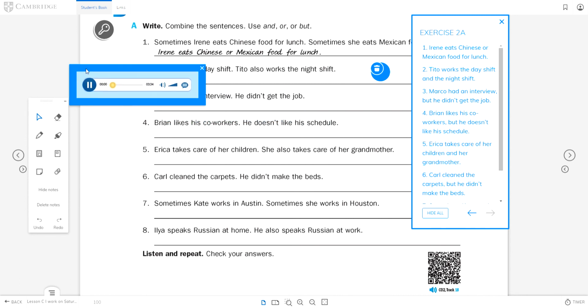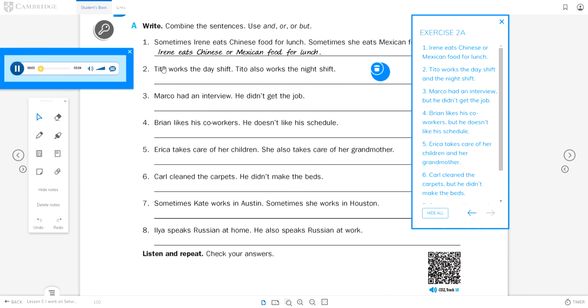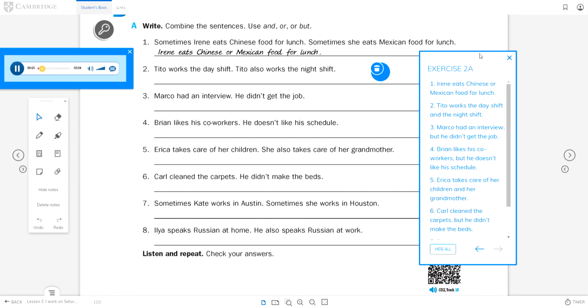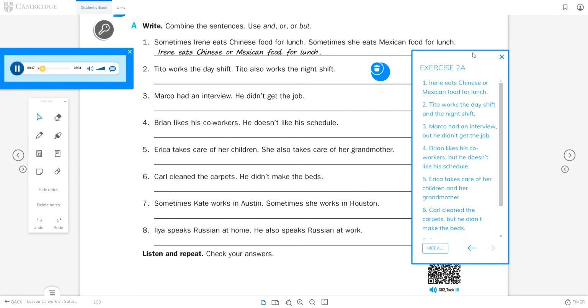Page 100, Exercise 2A. Track 18. 1. Sometimes Irene eats Chinese food for lunch. Sometimes she eats Mexican food for lunch.